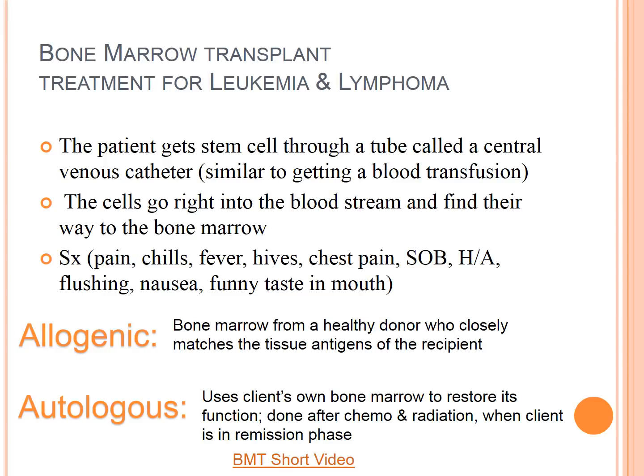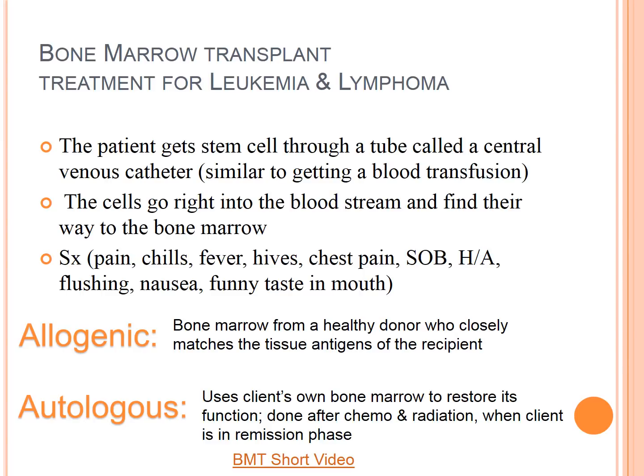I put at the bottom here that it can be allogenic or autologous. Allogenic simply means that a healthy donor who matches the tissue antigens of the recipient donated their bone marrow, so that the bone marrow cells can be transplanted to the recipient. It has to be someone who closely matches the recipient, and that can be a family member.